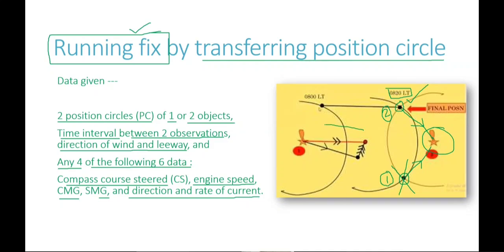Basically, these are the six items of the course, speed, and current triangle. You have the course made good and the speed made good, the course steered and the engine speed, the set and rate of the current. Out of these six items, if you have any four available to you, we can make this triangle. So for preparing this triangle, we need only four items.